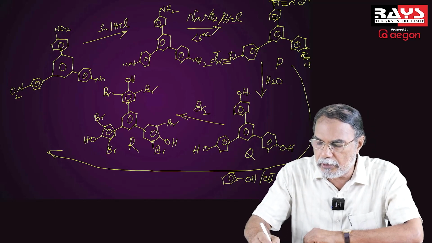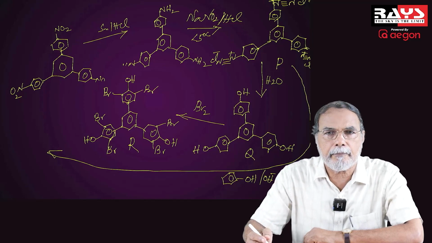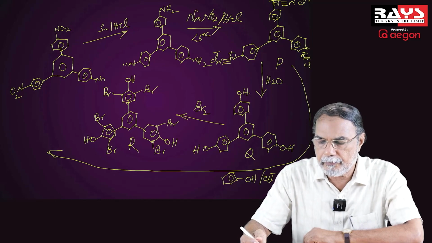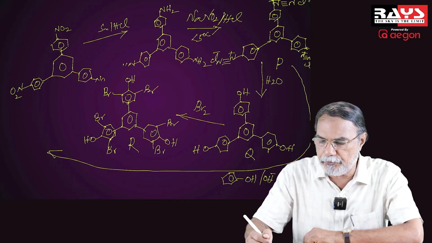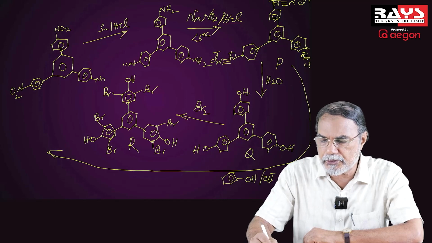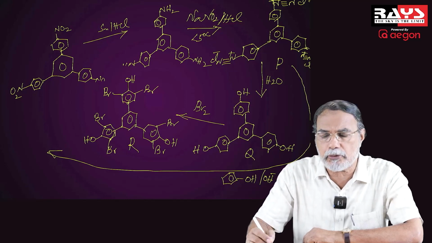A diazonium salt with phenol under basic conditions. It's a coupling reaction, very familiar to you, the azo-dye formation. So the phenol will react at the benzene diazonium chloride part, at the diazonium group. The phenol will react, the coupling reaction, to give the azo dye.